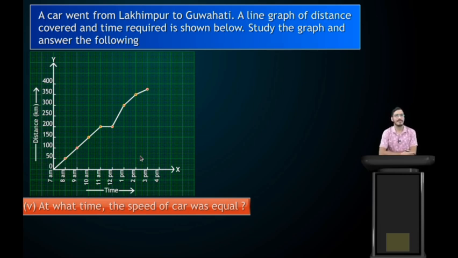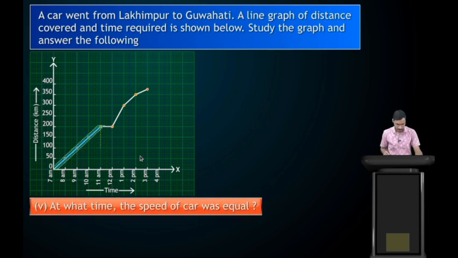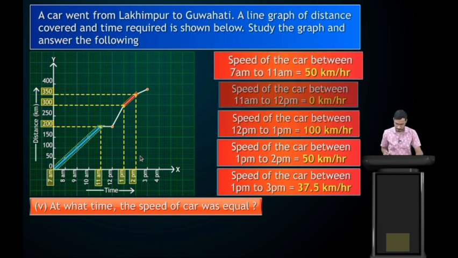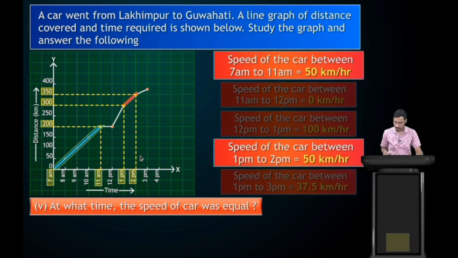Now we have one more question here. At what times was the speed of the car equal? Now can you tell me the speed of the car? Here you can see 7 to 11 a.m., and here 1 p.m. to 2 p.m. Both times, 50 kilometers, 1 to 2 p.m. And here the speed of the car between 7 a.m. to 11 a.m. is 50 kilometers per hour.